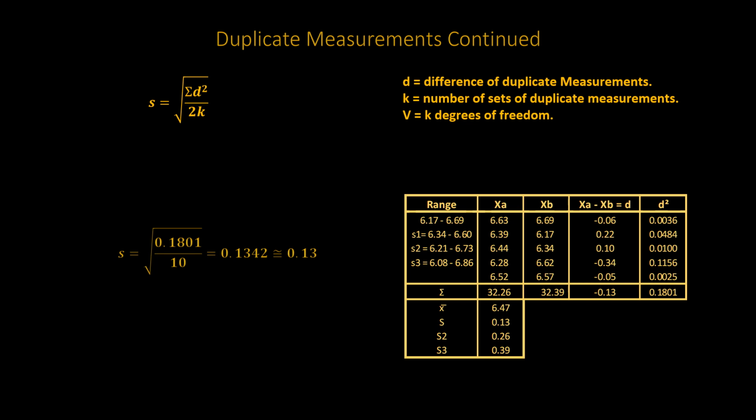The first sample is designated XA and the second XB. D is the difference between the samples of each set as laid out in the table. A D squared is just the square of the differences between the two. The equation shows that the standard deviation of the duplicate measurement is the square root of the total squared difference divided by the degree of freedom.